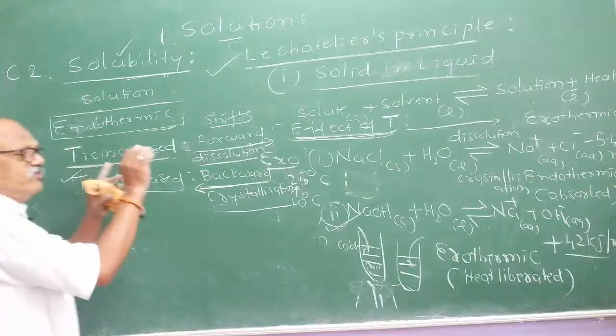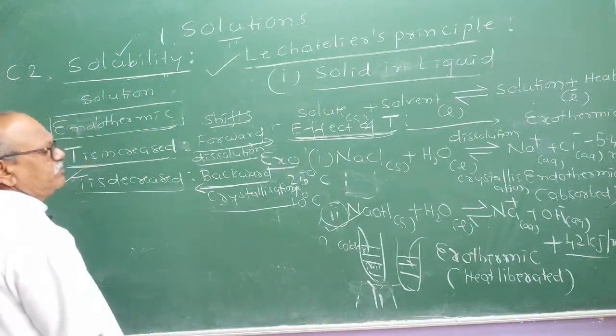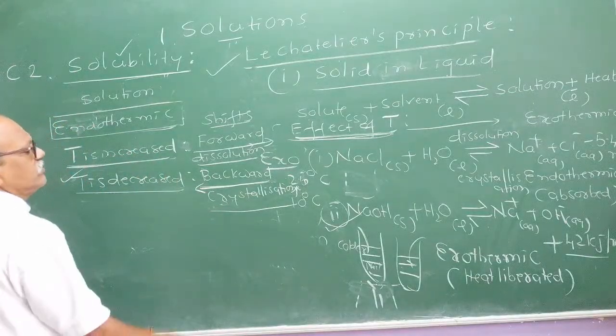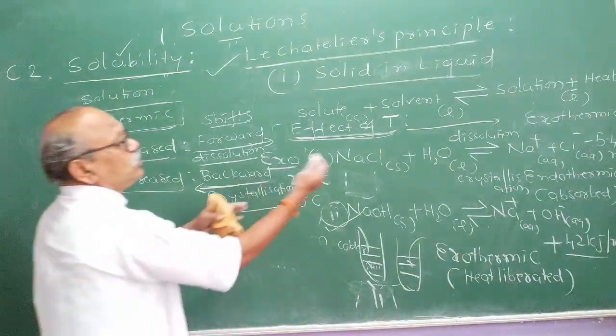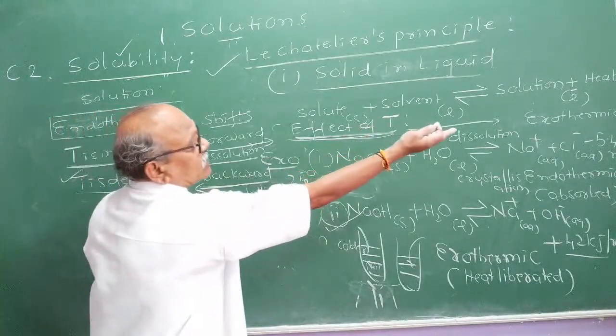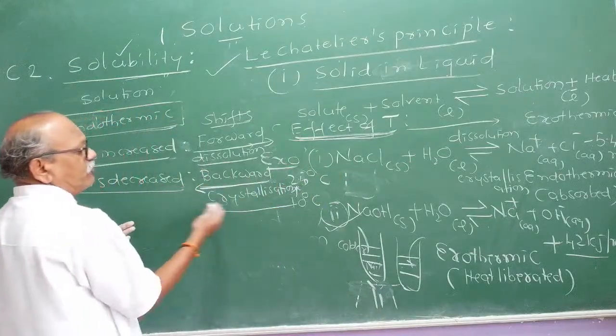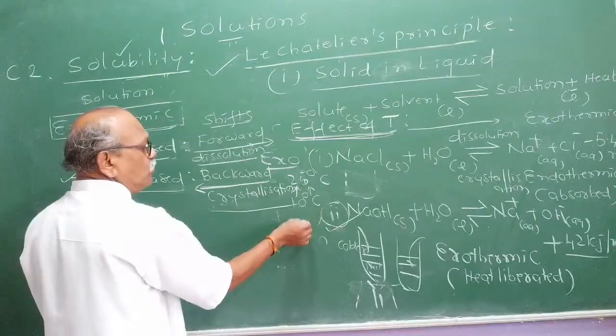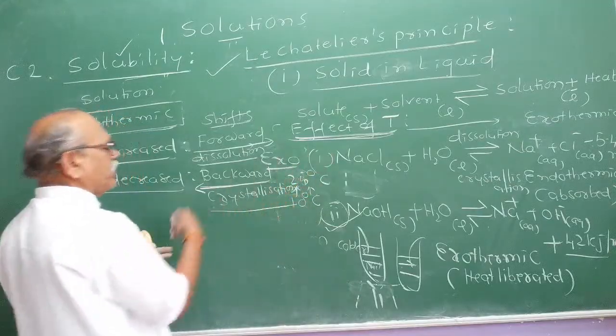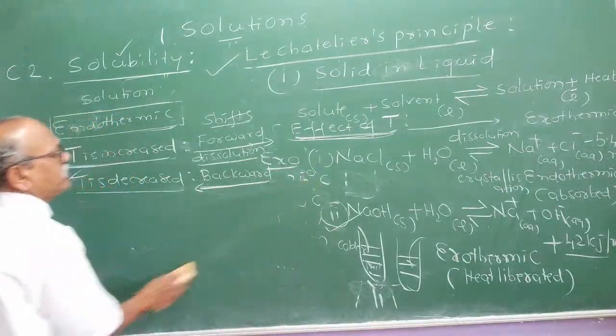If the temperature is decreased, right, to nullify the effect, when the forward reaction is endothermic, backward reaction crystallization will be exothermic. Therefore, when the temperature is decreased, backward reaction takes place. That is the effect of temperature.